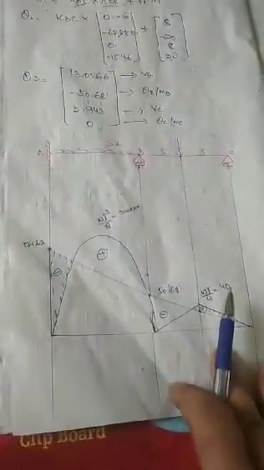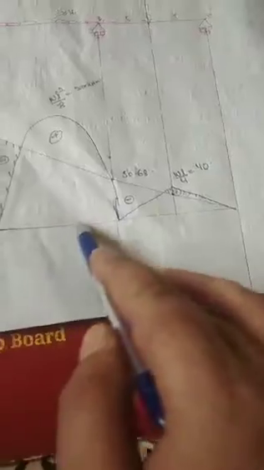So now we have to draw the bending moment diagram. How to calculate the bending moment diagram, I will show you. First you have to draw the beam, then we will calculate. We calculated here QA, it is minus 174.62.